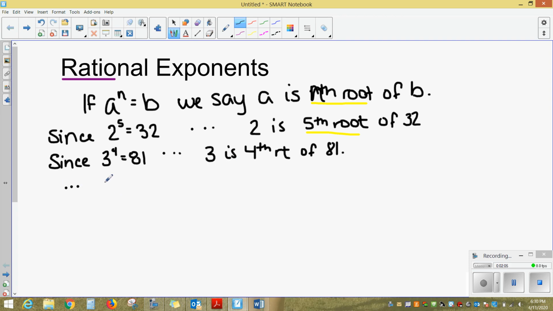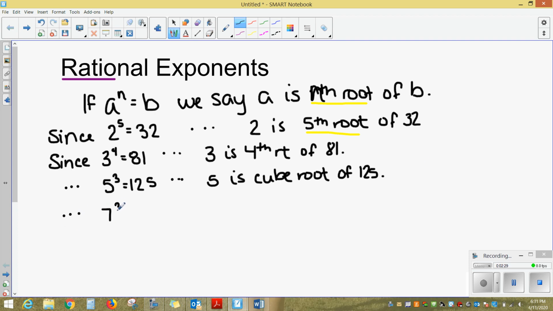Now, since 5 cubed is 125, we say that 5 is the 3rd root, or the cube root, of 125. Also, since 7 squared is 49, we say that 7 is the square root of 49.